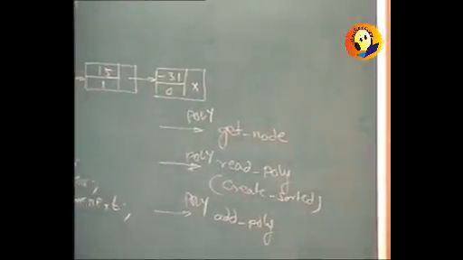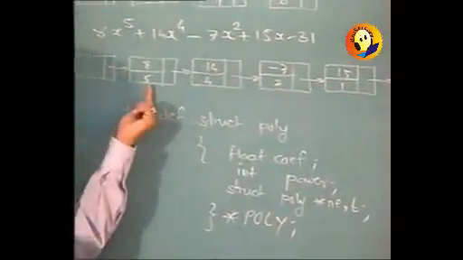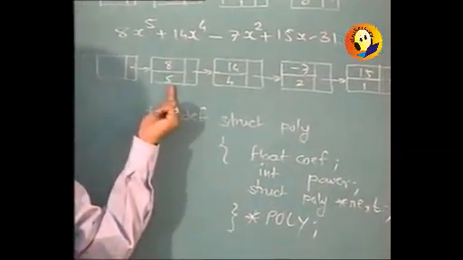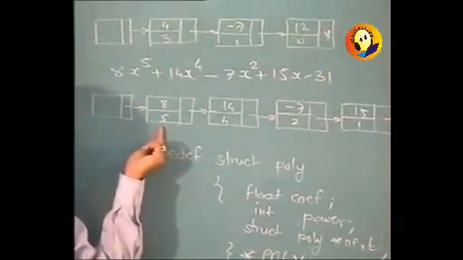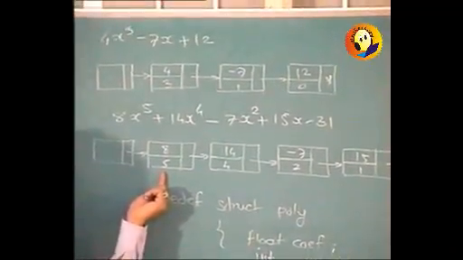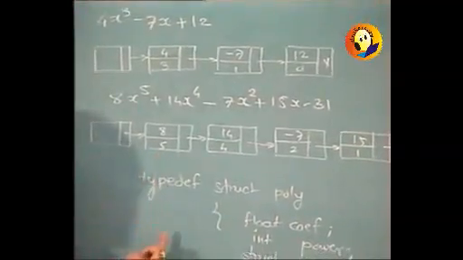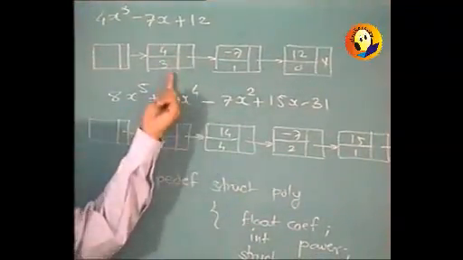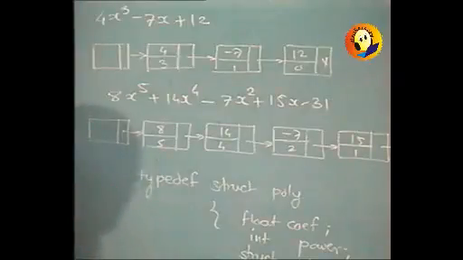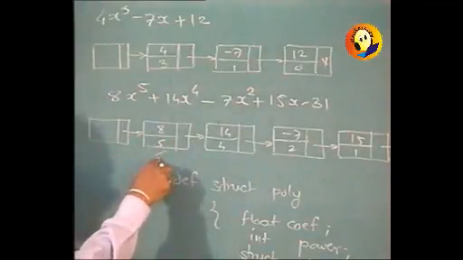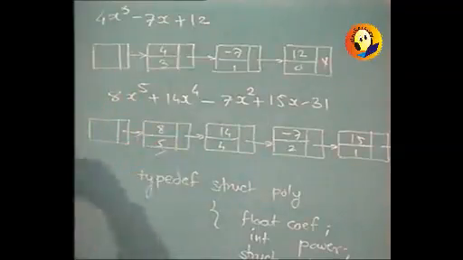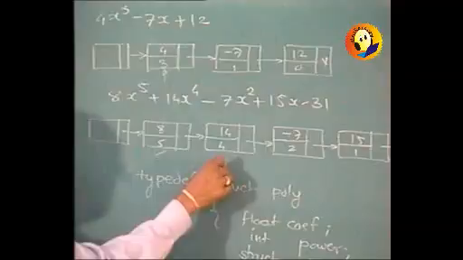When you add, you will have to set temp1 and temp2 at the first node. Compare the two powers. If they are equal, then add the coefficients and generate a new node with that power. But in this case they are not equal. So in the third list, I will have the first node as this one, 85. The higher power node will be copied. Then temp1 is still here, temp2 is here.